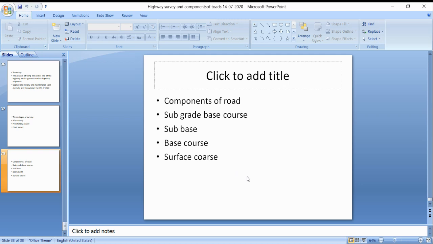On the surface course, water penetration should be easily done, because the water that percolates should not stay on the road. The water should easily pass off the road, and like that we have to decide the surface course.